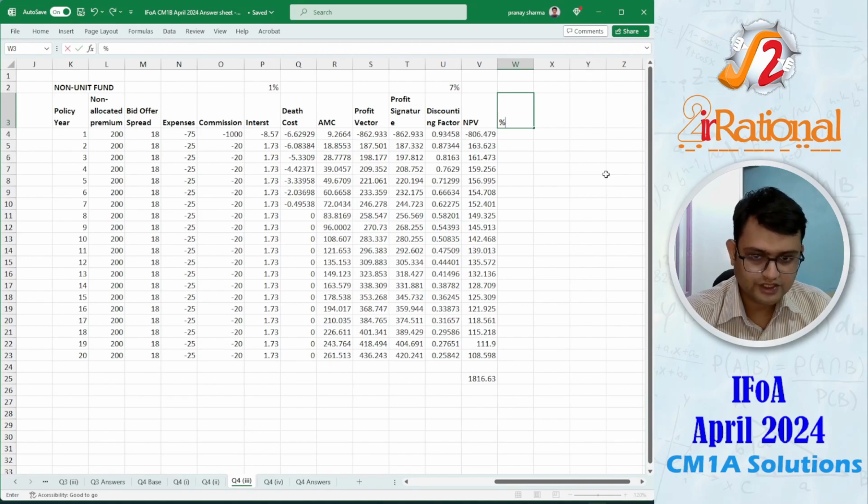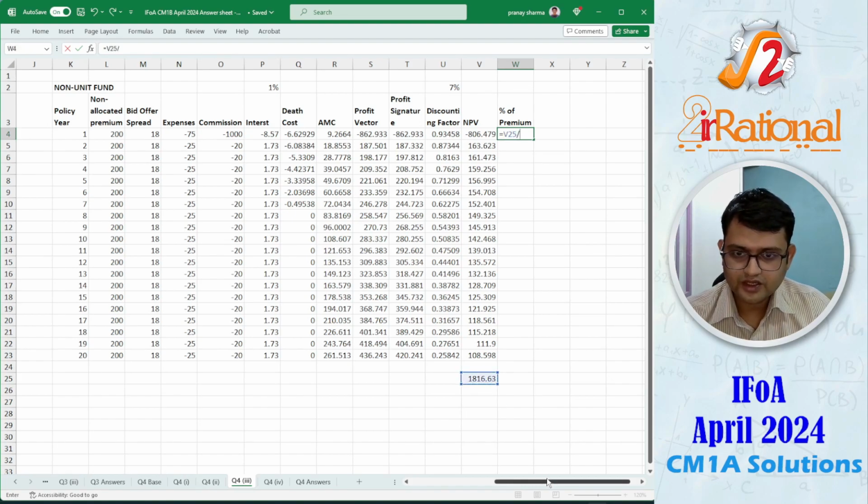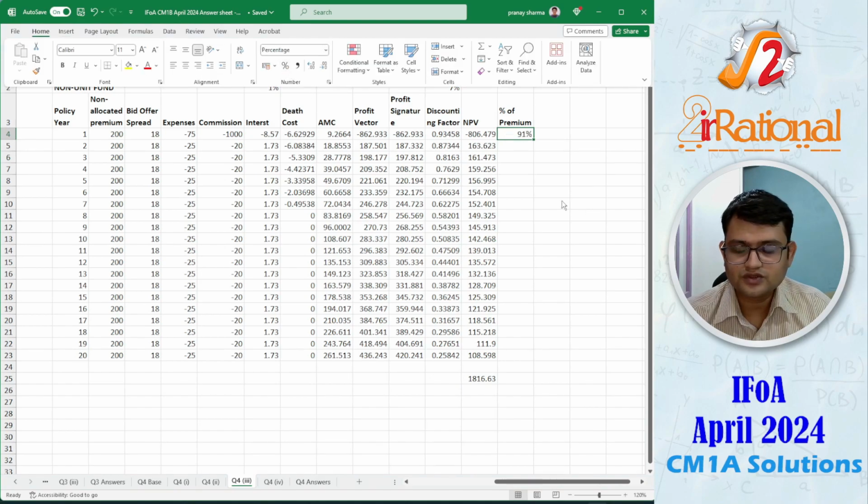It's a percentage of premium, equals this divided by 2000. 2000 is the premium, and I will write it in percentage. There we go.